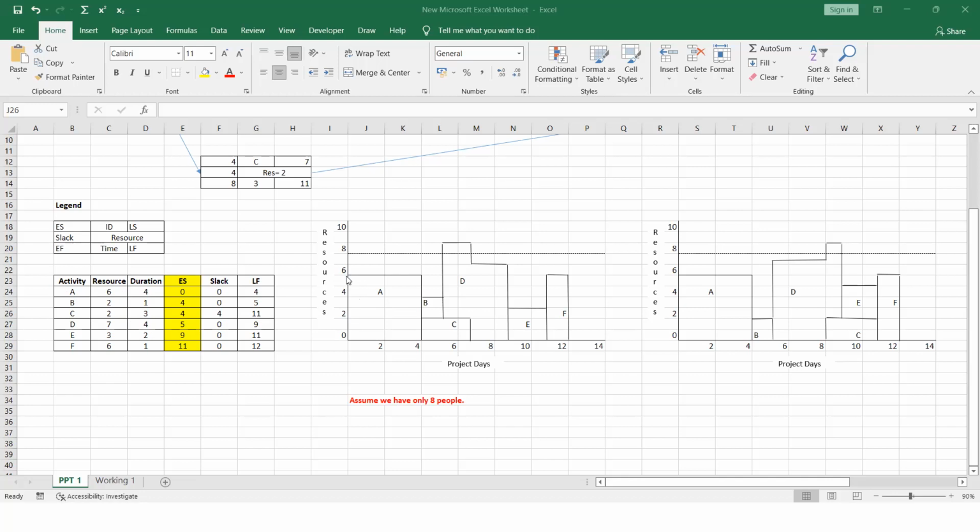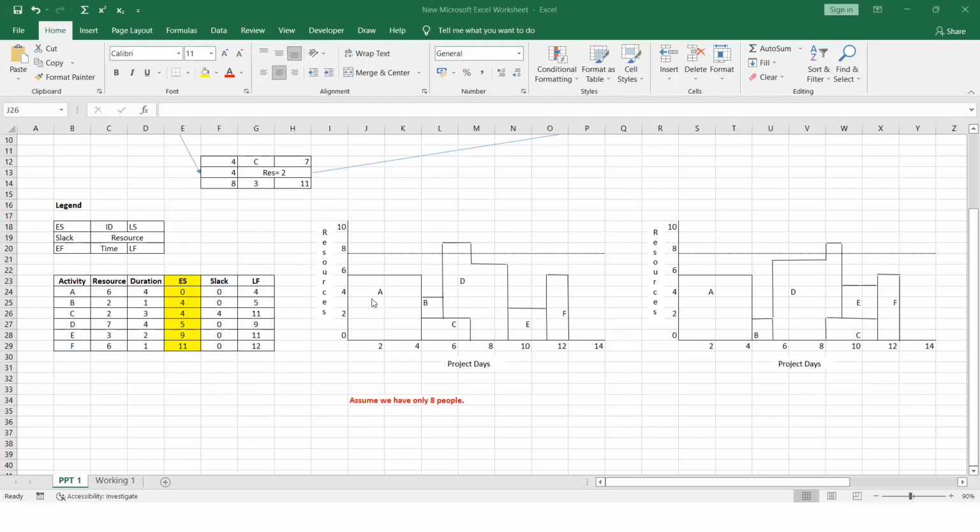And the duration is 4. Durations are indicated on the x-axis, so the duration of 4 is here. So we start at the early start time of 0 and go up to the duration of 4, and the resource utilization is 6. So this is for activity A.